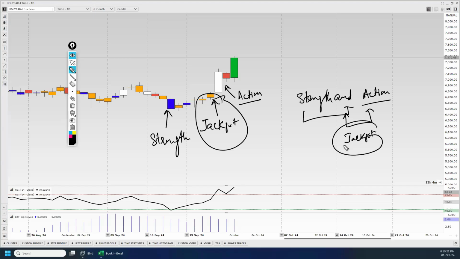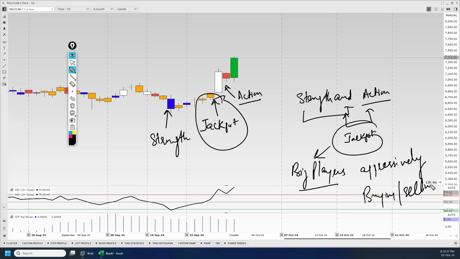What it tells you is that the big players are aggressively buying or selling. Now, how do I know whether it is buying or selling? Very simple. When you have a candle like this, and the next day's candle breaks the high of the previous day's high, then it is a buying jackpot.